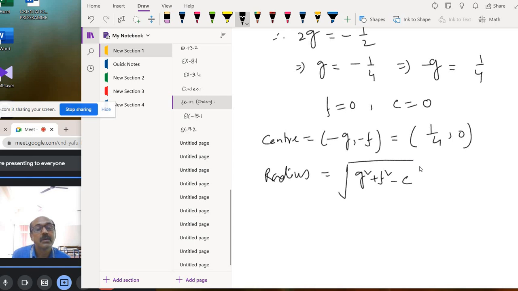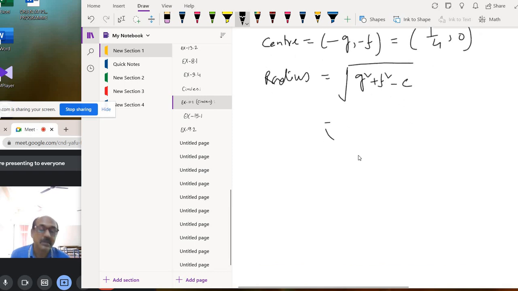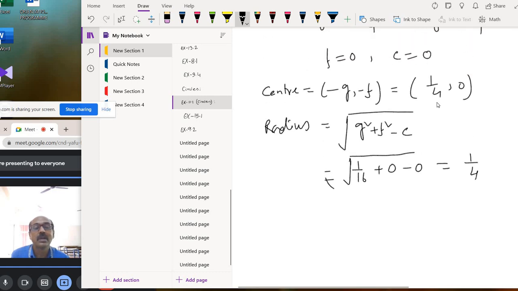So g square is 1 by 16, f is 0, c also 0, under root. So it will be under root 1 by 16, which is equal to 1 by 4. So radius is 1 by 4 and center is 1 by 4 comma 0. Comparing with the general equation, we can find center and radius easily.